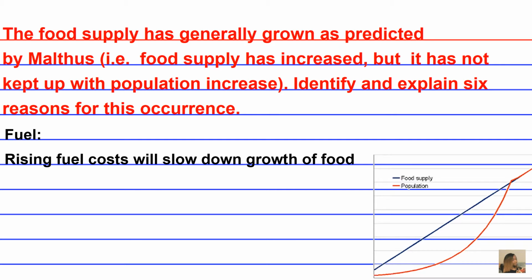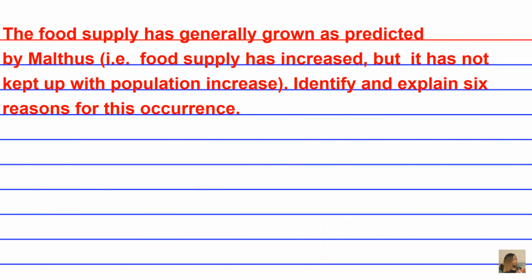Don't make it too long, it's pretty brief. Well, rising fuel costs have slowed down the growth of food, and this is because you need fuel to power the technology to reap, harvest, and sow crops, as well as transport them when they're ready for harvest and delivery to the market.